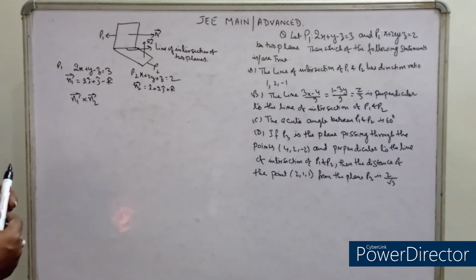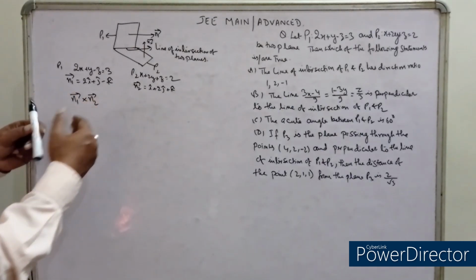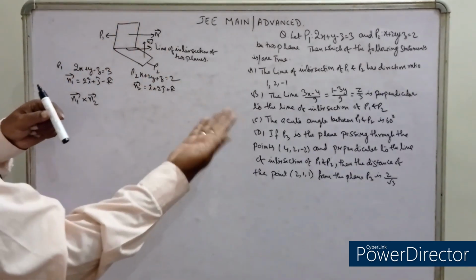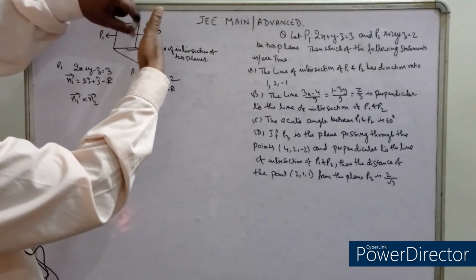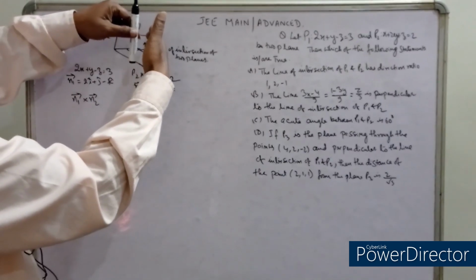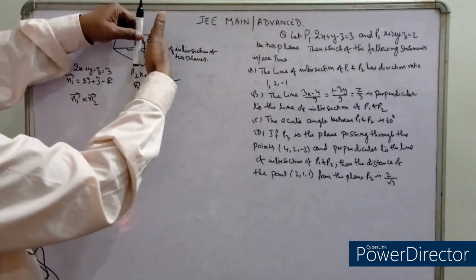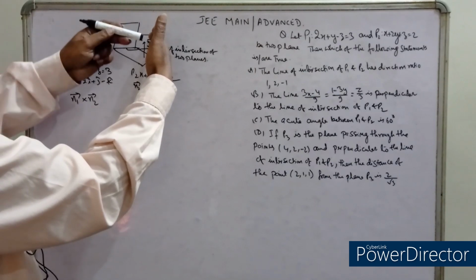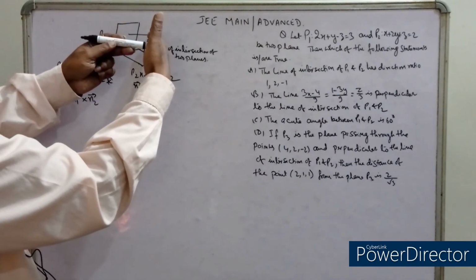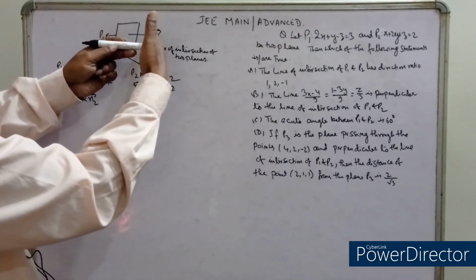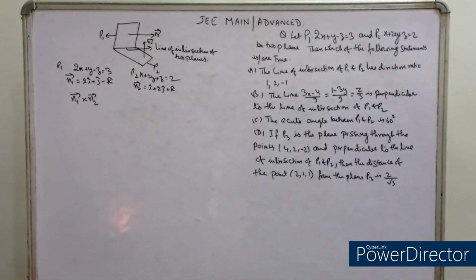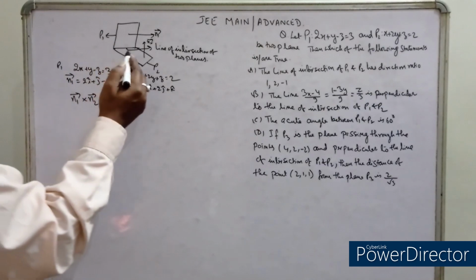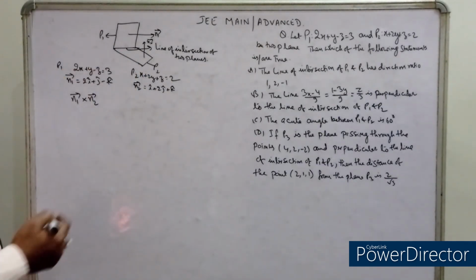So n1 cross n2 will be a vector perpendicular to the plane containing n1 and n2, and it is parallel to the line of intersection.